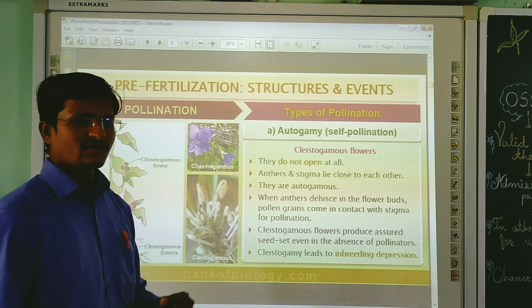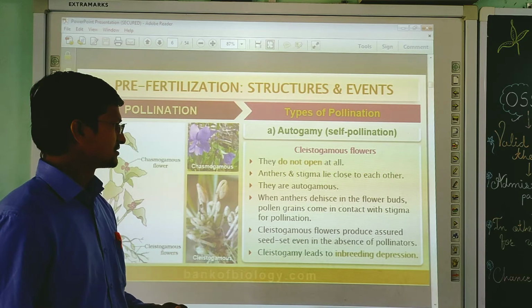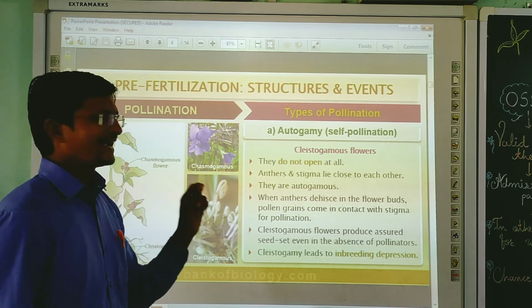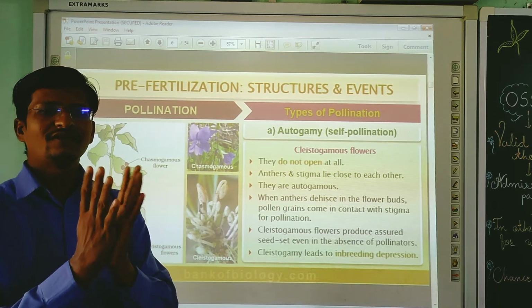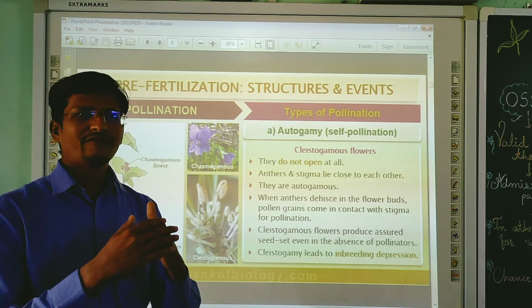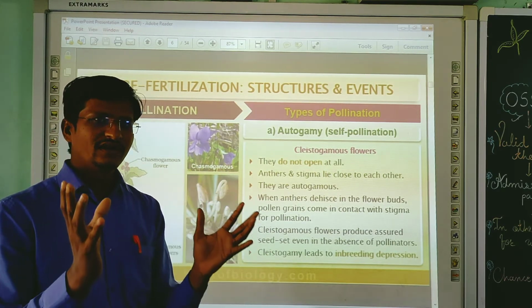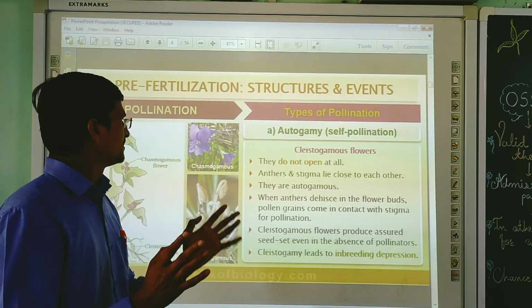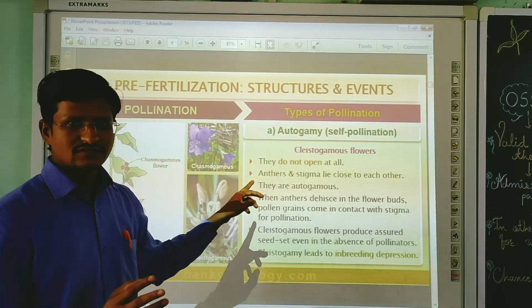Next is the cleistogamous flower. They do not open at all. If the flower is open, we name it chasmogamous.